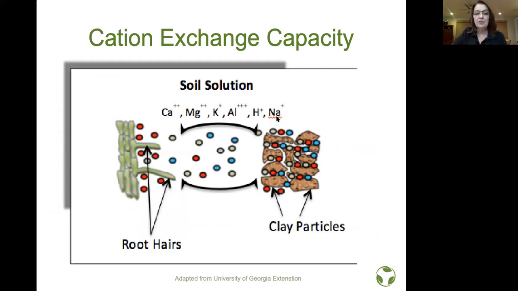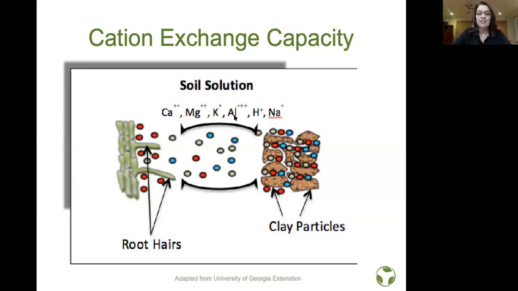So the sodium is the one that we're kind of concerned about building up in our soil, and the hydrogen is what we're really concerned about, because a lot of the subtropicals that we grow really want to have more of an acid environment.